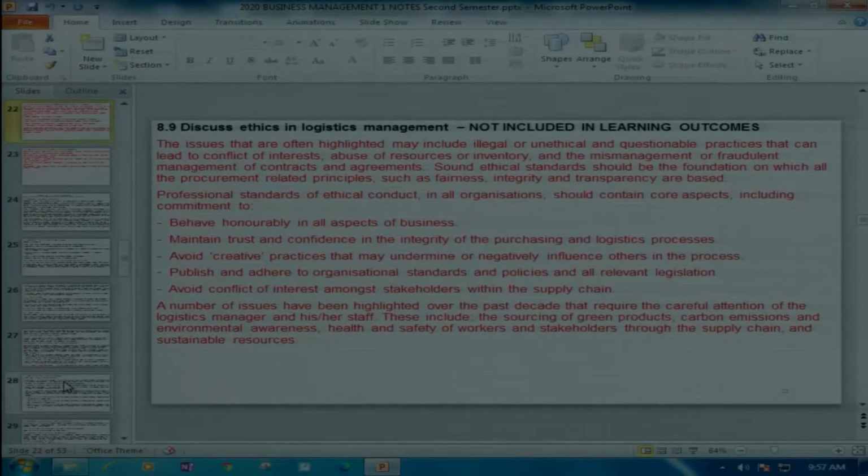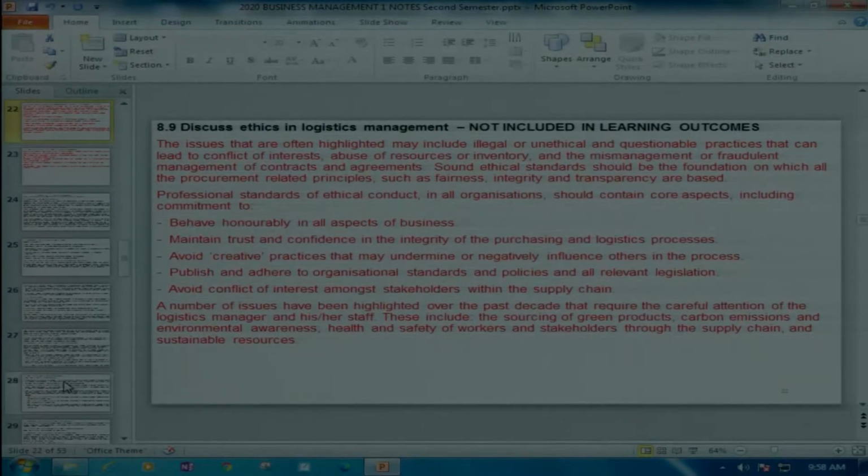Learning outcome number 9, discuss ethics in logistics. The issues that are often highlighted may include illegal or unethical and questionable practices that can lead to conflict of interest, abuse of resources or inventory, and the mismanagement or fraudulent management of contracts and agreements.